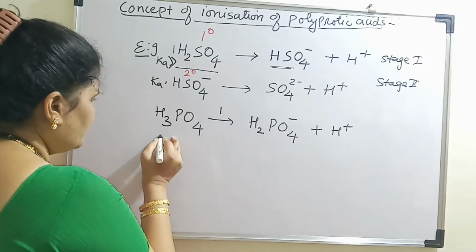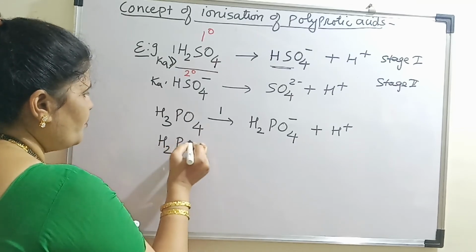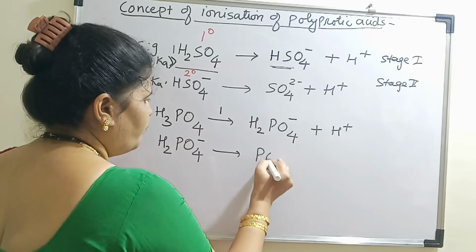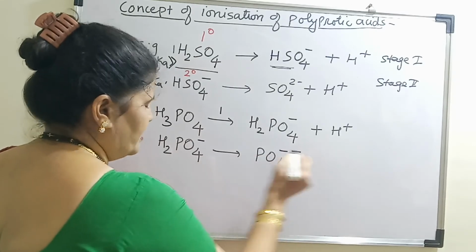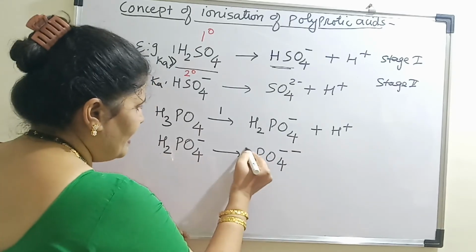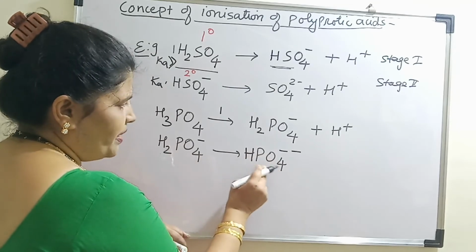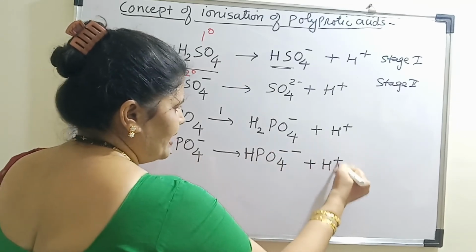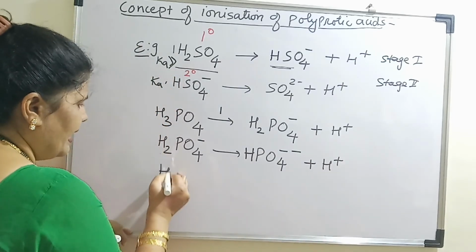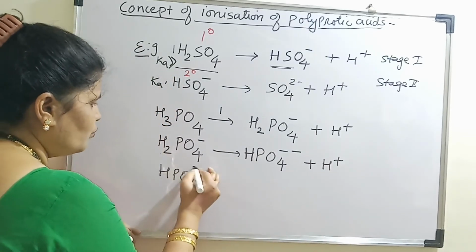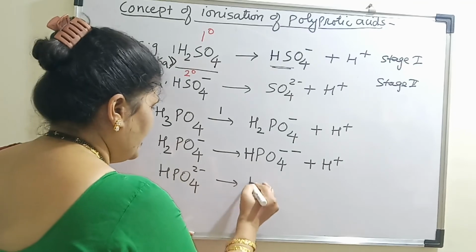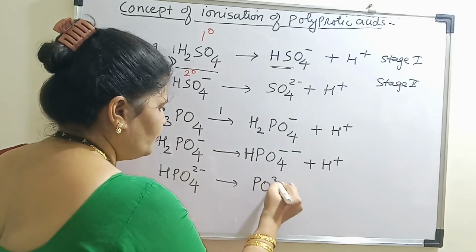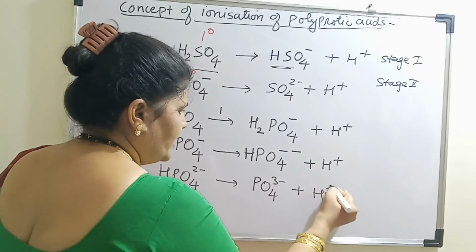Now H2PO4 minus will give me HPO4 2 minus, one proton gone, plus H plus. Next, HPO4 2 minus will lose another H, so you will get PO4 3 minus plus H plus.